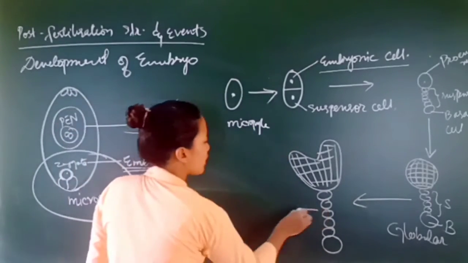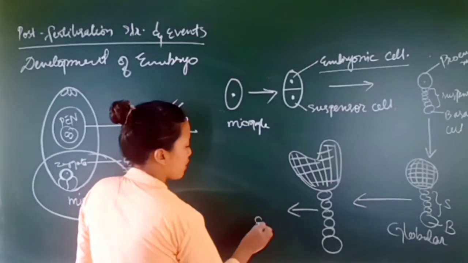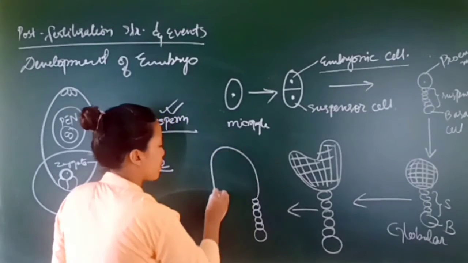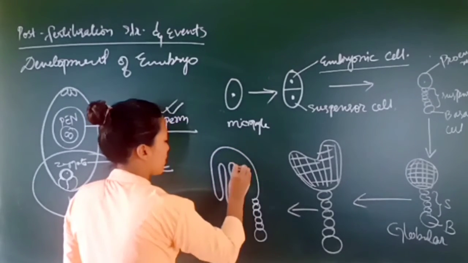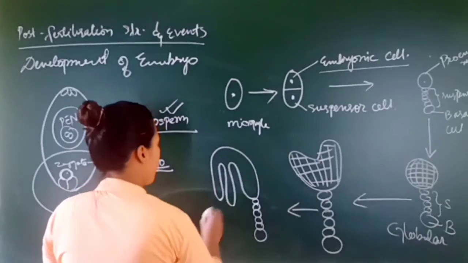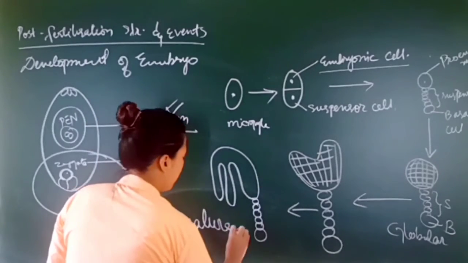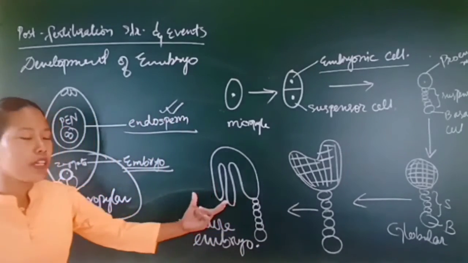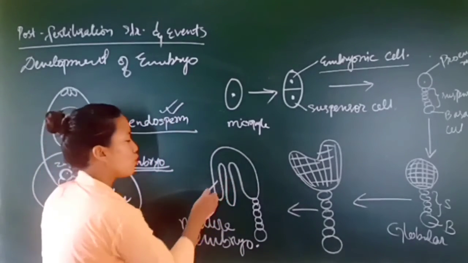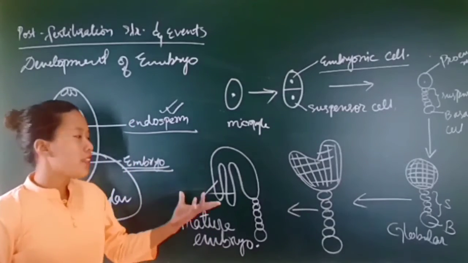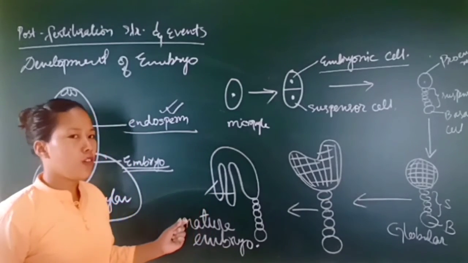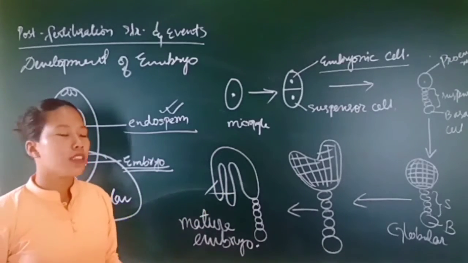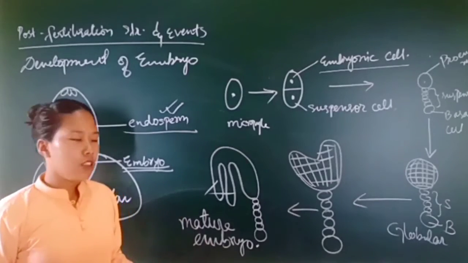After that, finally we will get a mature embryo. These are the suspensor cells, and at last we will get a mature embryo like this. Now this mature embryo, in some plants may have 2 cotyledons, and in some plants may have only 1 cotyledon. So based on the number of cotyledons, we have 2 categories of plants, that is dicot and monocot plants.